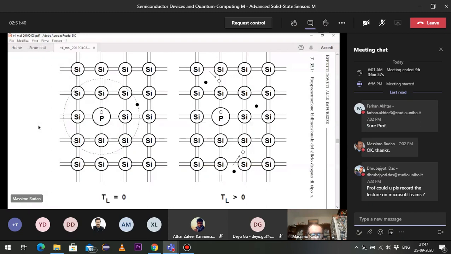Now the point is, how important is the contribution of phosphorus when compared to the contribution of silicon? And we can easily find situations in which the population of the electrons released by the phosphorus atoms will be dominant with respect to the population of the electrons made available by the silicon atoms.